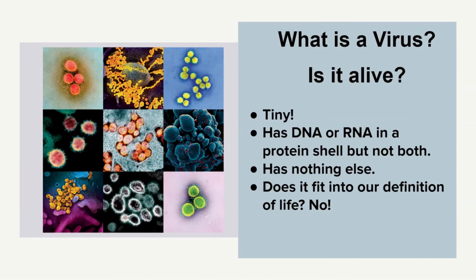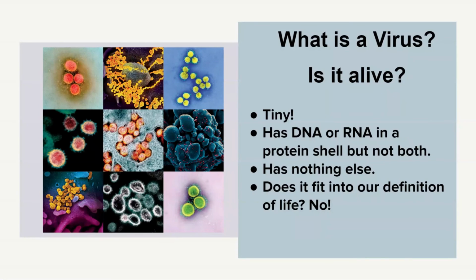Now, our last sort of part, this is not anything that you have to write down, but we are going to talk a little bit about a virus. So, is a virus alive? We've talked about how it missed out on the reproduction component of the characteristics of living things. But a couple things is it's tiny. It's more tiny than bacteria or any kind of prokaryote or eukaryote. It's tinier than that. It doesn't have all the components that a cell has. So it does have DNA or RNA, but it doesn't have both.